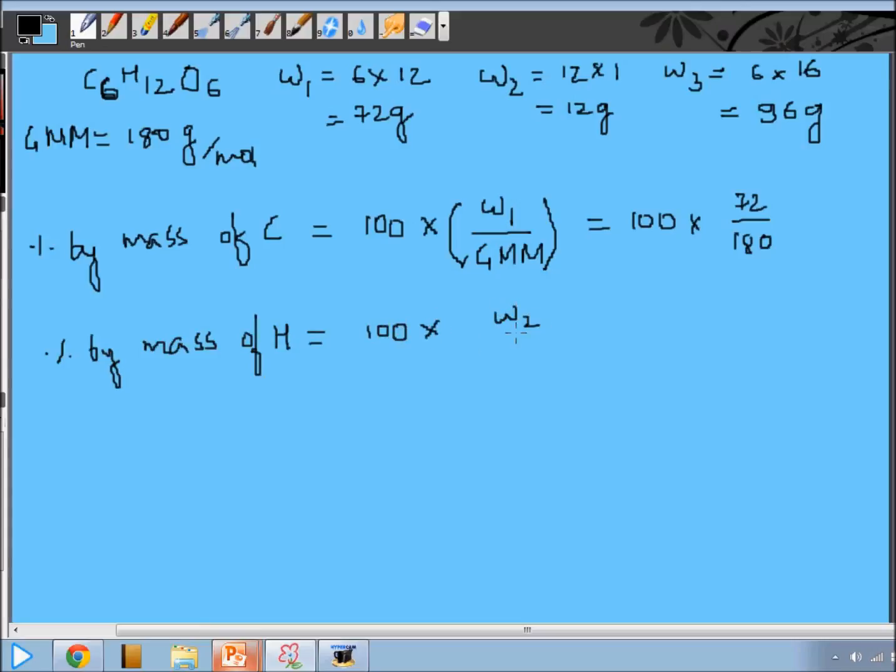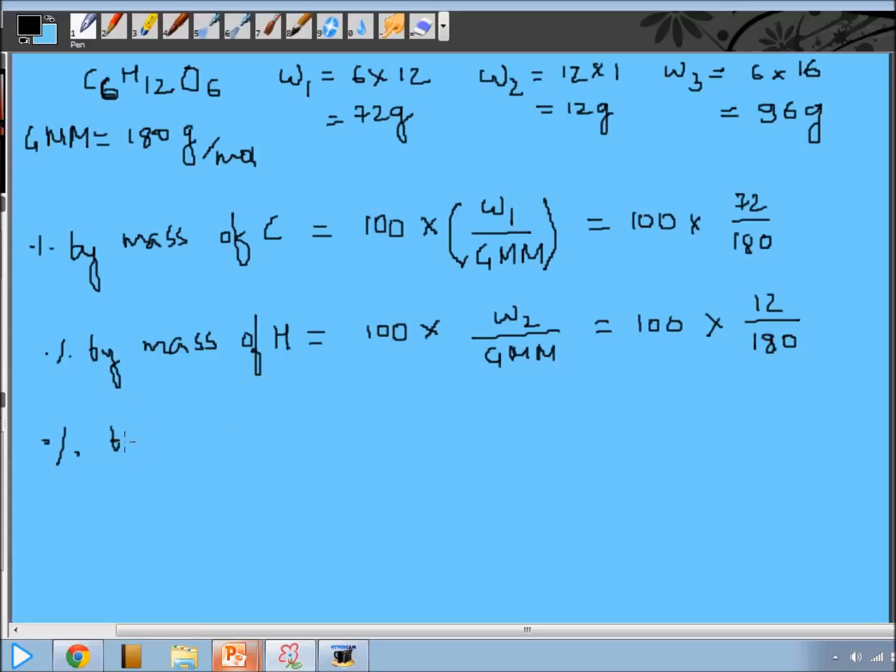So it would be mass of hydrogen in 1 mole compound divided by mass of 1 mole compound multiplied with 100. Again we are multiplying 100 only because we have to calculate percentages. So answer is 100 into, okay, total mass of hydrogen is 12 gram. Okay, all the hydrogen atoms together here weigh 12 gram, divided by total mass of 1 mole compound 180 gram.